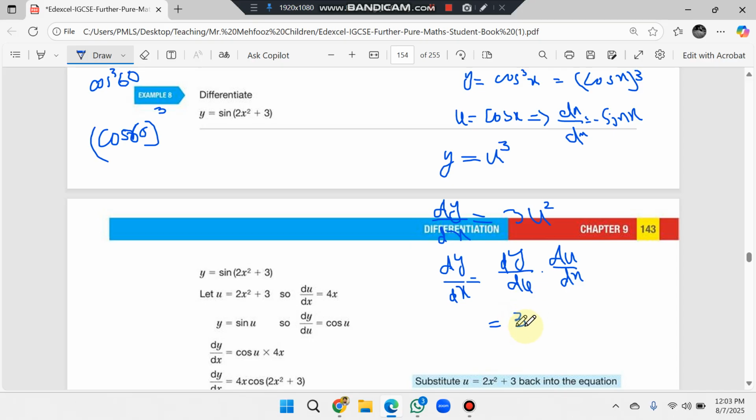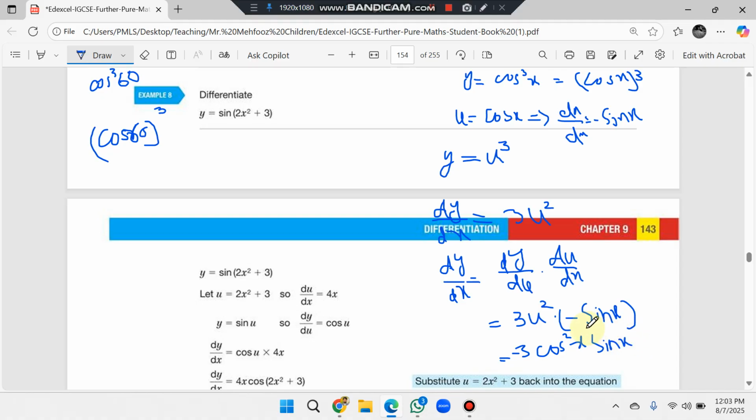That is 3u square. And what is du by dx? That is minus sine x. So here you can write it as 3 cos square x. This minus goes at the start, so it becomes minus 3 cos square x sine x.